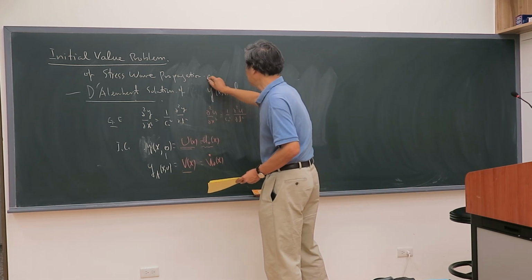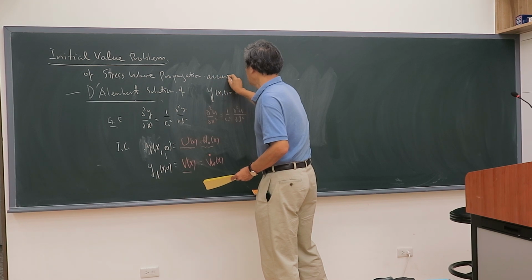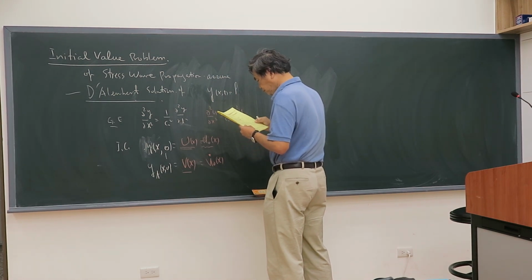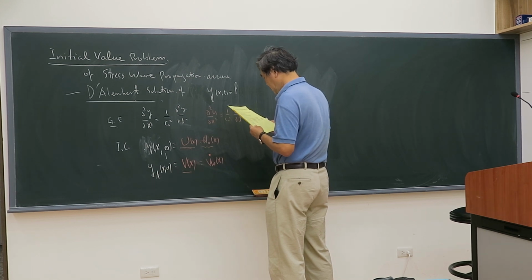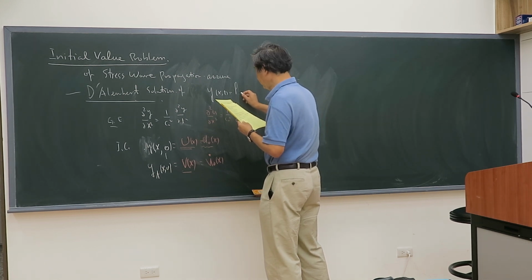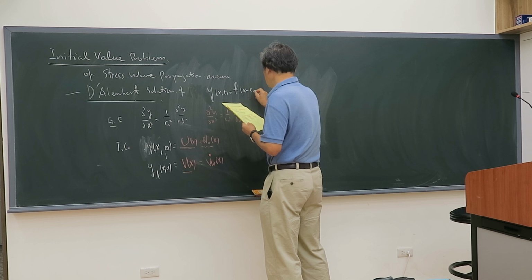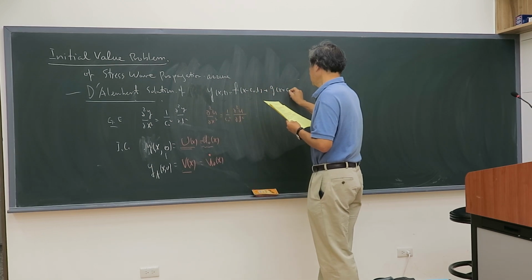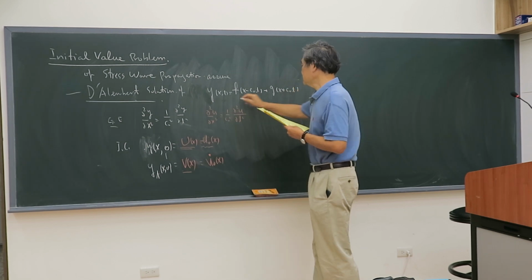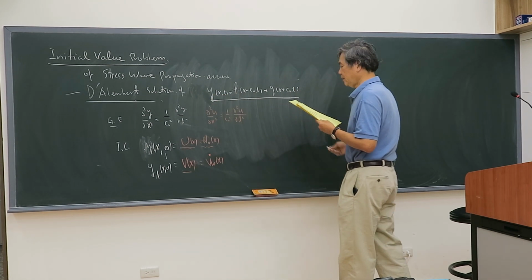If we assume y x t is f x minus c0 t plus g x plus c0 t. So this is my solution type. Okay.